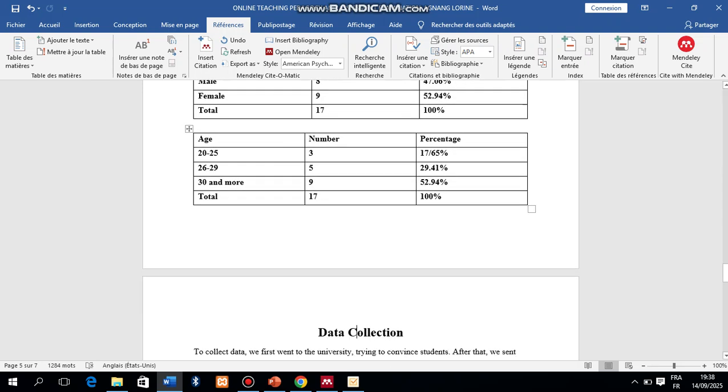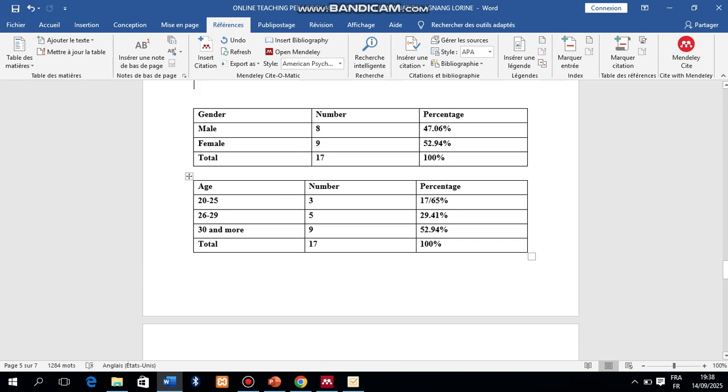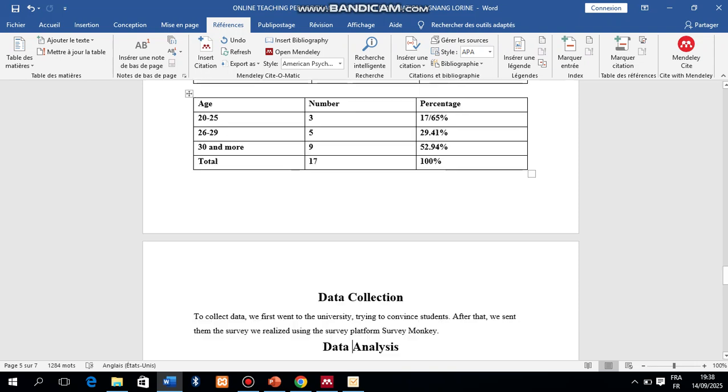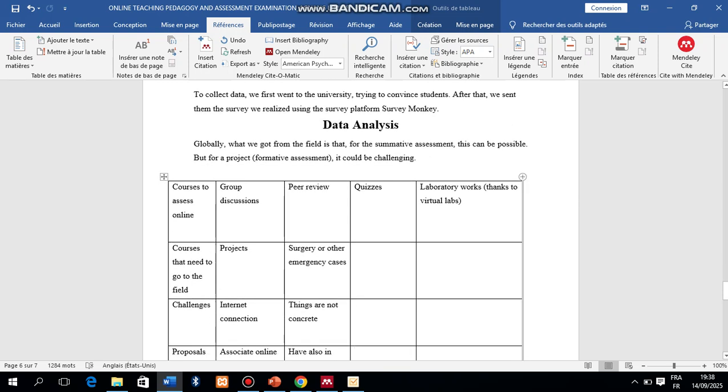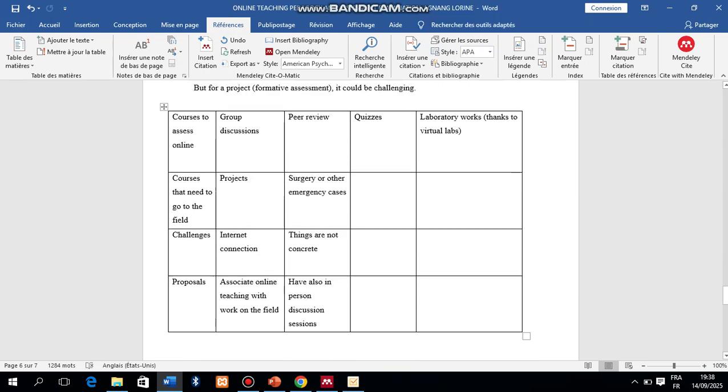It was not easy to convince them, but we successfully convinced 17 of them, and we collected data using the survey platform called SurveyMonkey. Here is the data. Here are the findings of what we got there.